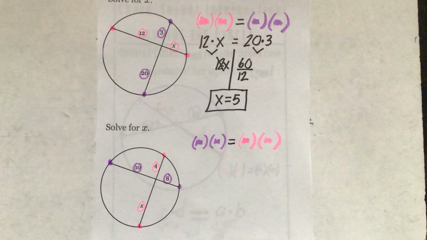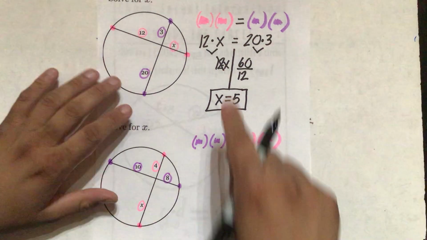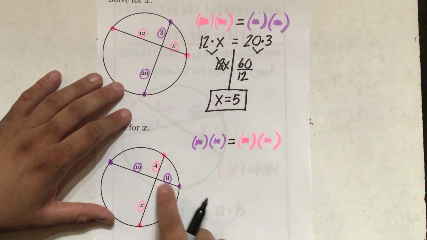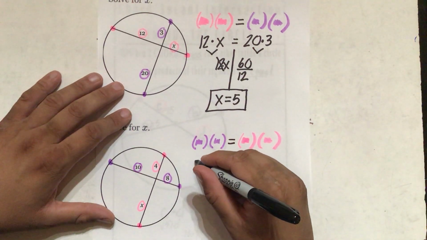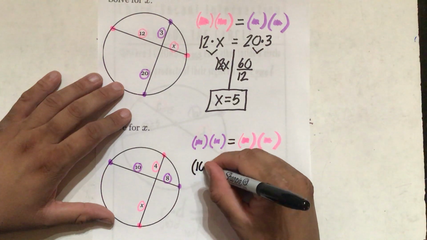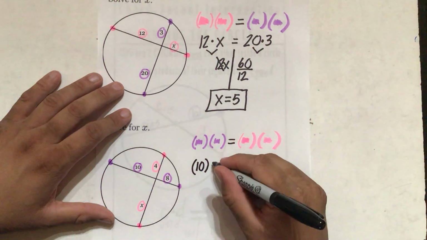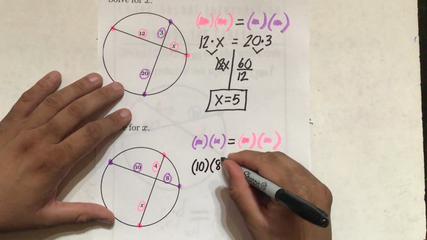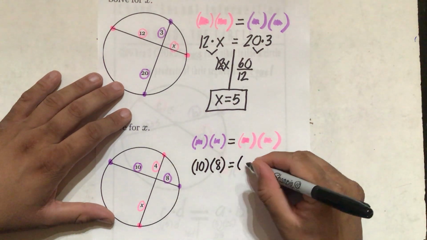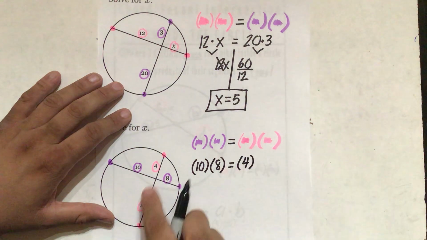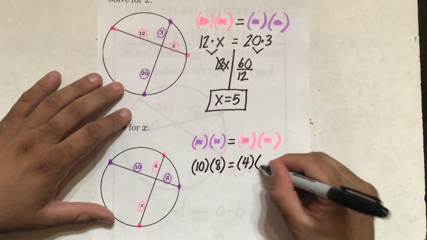Right? So I'm going to do my purples first on this one. This time I'm going to do parentheses. 10 times 8 is equal to pink times pink, 4 times x.